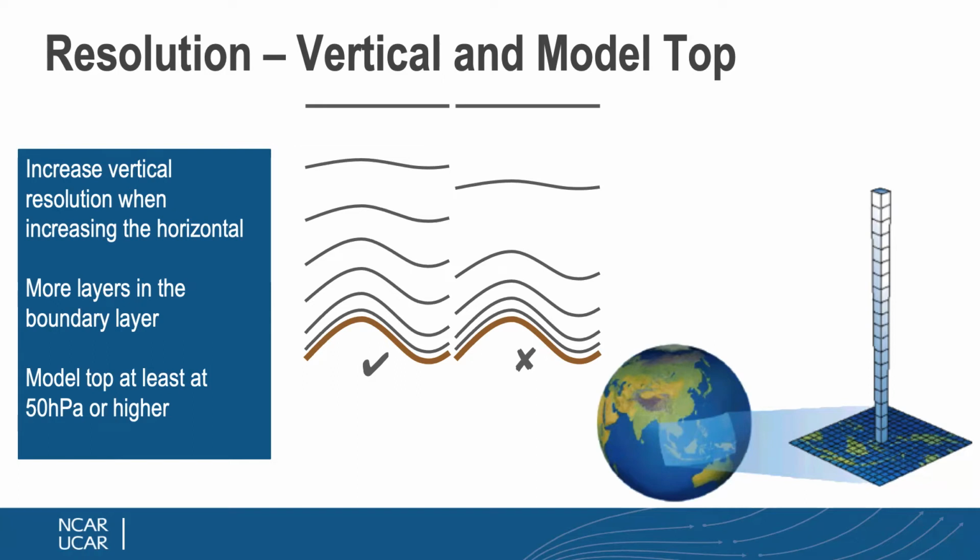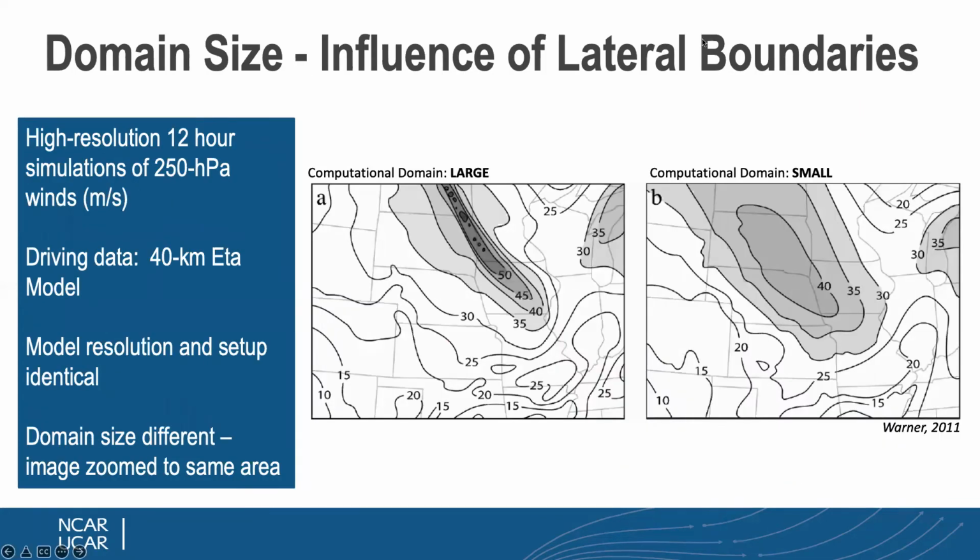I'm now going to switch over to look at domain size and placement. In this example, we're looking at the influence of lateral boundaries. I'm showing you two figures. They're both plotted on the same domain, but the one on the left-hand side was simulated on a large domain, while the one on the right-hand side was simulated on a small domain.